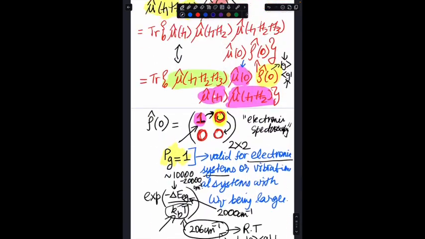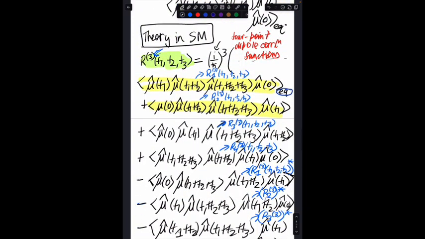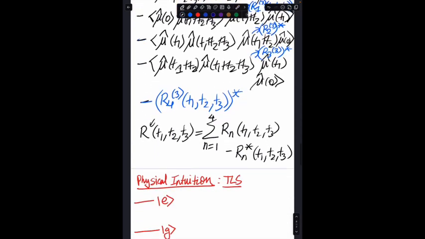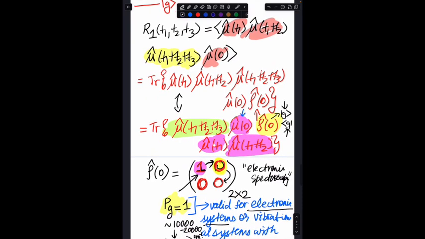Likewise, for the R2 process, which is mentioned here, you can construct a response function, and likewise for R3 and R4. Now, I would leave this as an exercise to you, but I would like to highlight that it's extremely important to think about it.